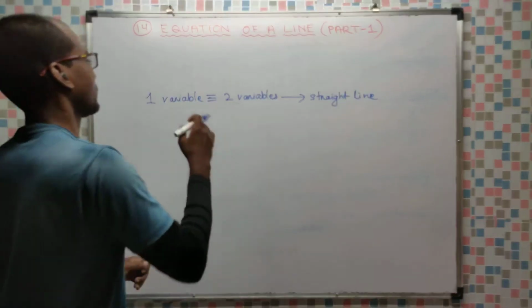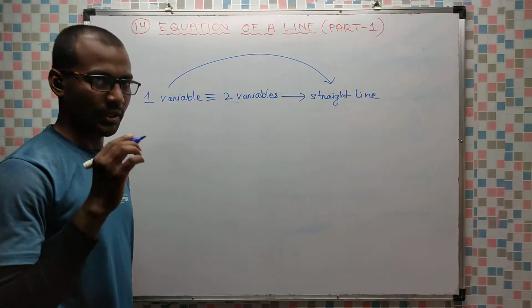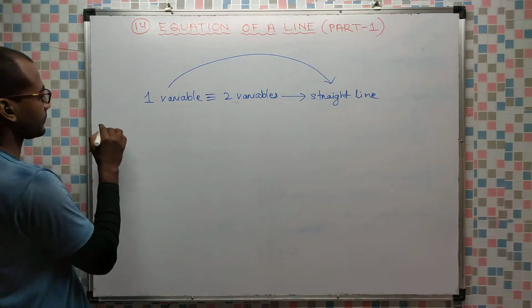So what will a linear equation in one variable represent? Definitely a straight line. Remember this.